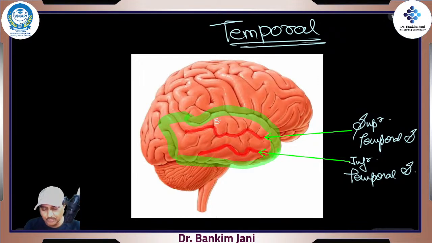So this one would be the superior gyrus, this one would be the middle gyrus, and this one would be the inferior gyrus. All temporal: the superior temporal gyrus, middle temporal gyrus, and inferior temporal gyrus.